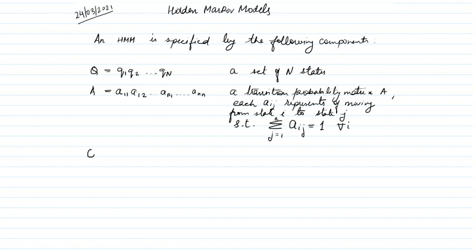We can have observations O, an observation set, that is O1, O2 up to OT, so a sequence of T observations.